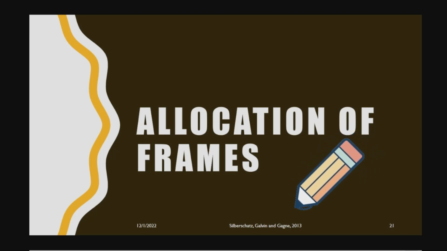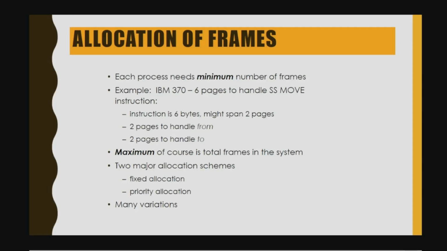Okay, next is about the allocation of frames. Each process needs a minimum number of frames. For example, on the IBM 370, 6 pages are needed to handle the SS MOVE instruction.